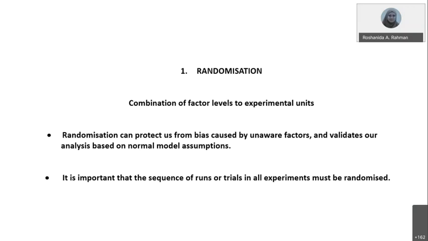Because we want to avoid bias, we want to make sure of the effects like the calibration of the equipment and human error. The errors that occur during our experimental work actually come from so many factors: from the batch of the raw materials; some experiments you conduct by yourself, but some you have to send to the lab.